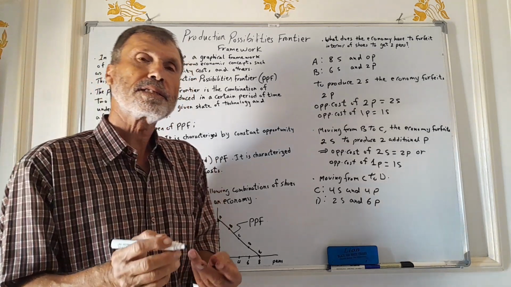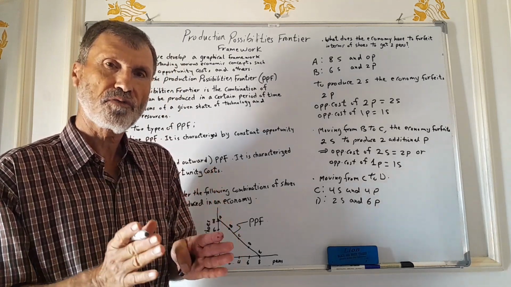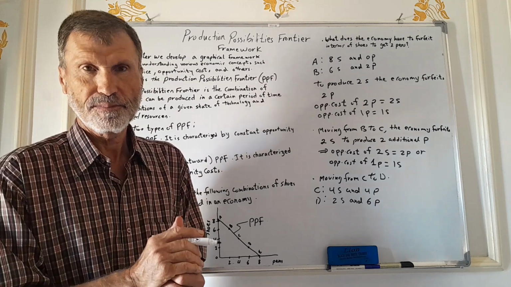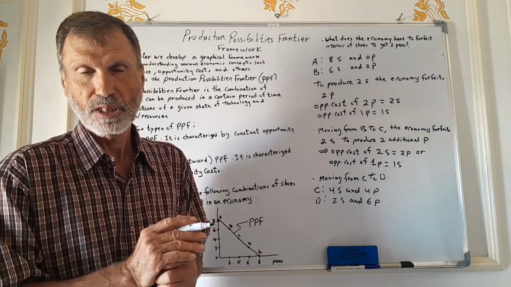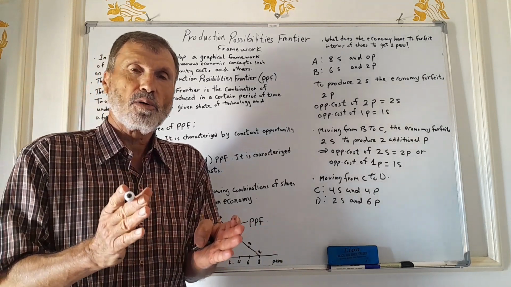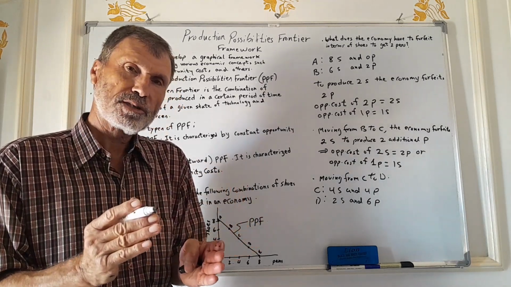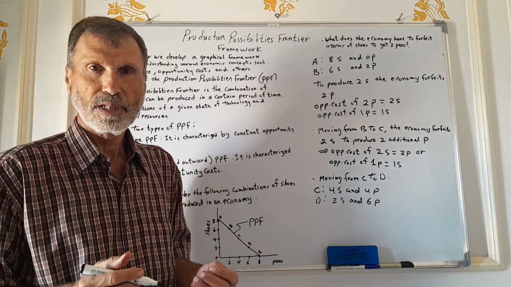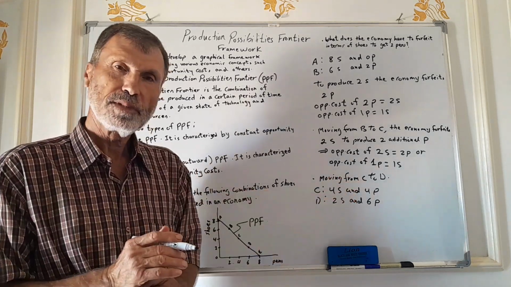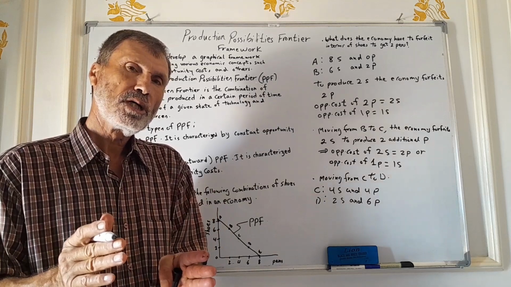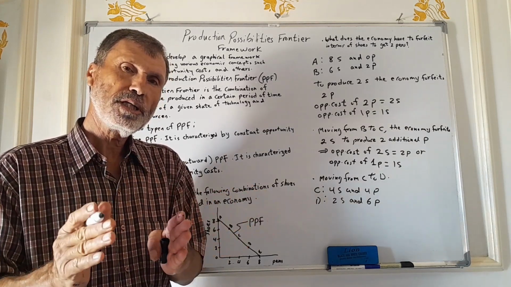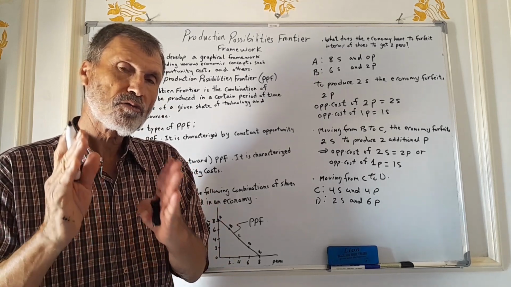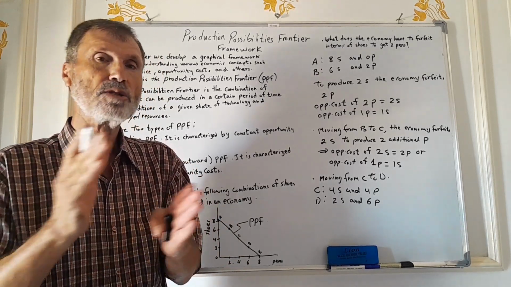Therefore, what does the economy have to forfeit in terms of shoes to produce 2 additional pens? It is 2 shoes. So, the opportunity cost of producing 2 pens is 2 shoes as you move from C to D. Therefore, the opportunity cost of 1 pen is equal to 1 shoe as you move from what?